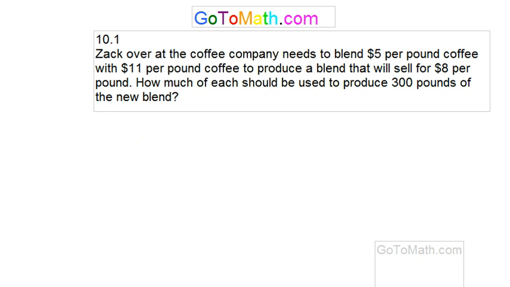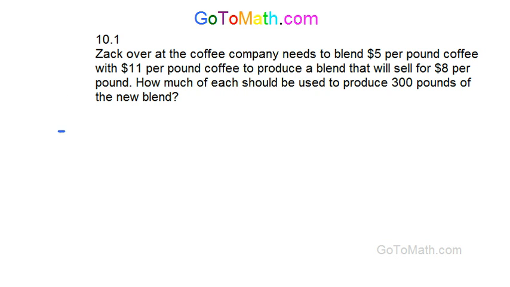But instead, the way we're going to do this is I'm just going to write this $5 times A. This would be the amount of blend A, we'll say. Plus, we want to mix it with the $11 per pound coffee. So $11, this is the rate, $11 per pound.